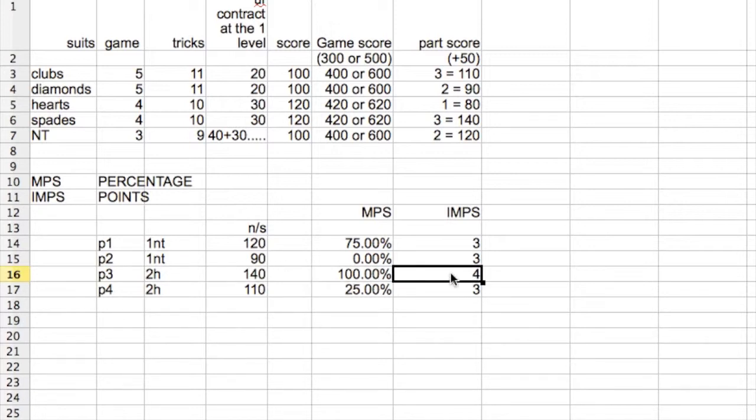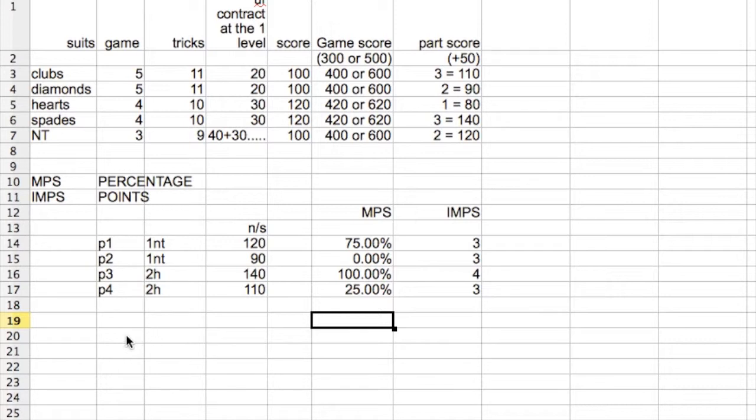In IMPs, irrespective of whether you made 90 or 120, you're still going to get the exact same score. 110 gives you the same score, but 140 takes you to a higher bracket, which is 4 points. But the difference between IMPs and MPs is blatant. You can see that right here.